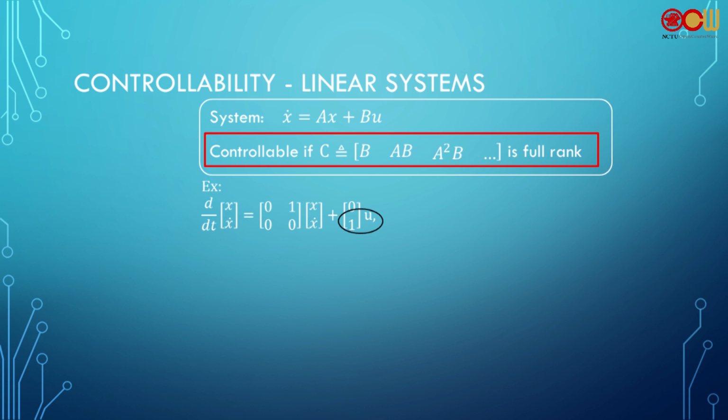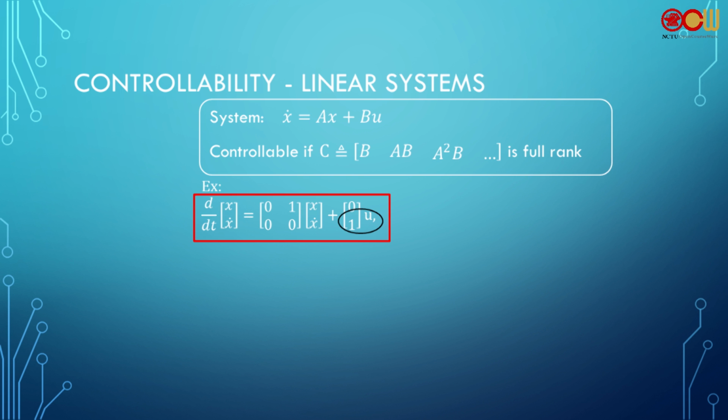In linear control systems, this is usually the tool you can use to evaluate controllability, but why? So this is the A matrix, B vector. B can be a matrix too, but here it is a vector because we assume u is one dimensional.